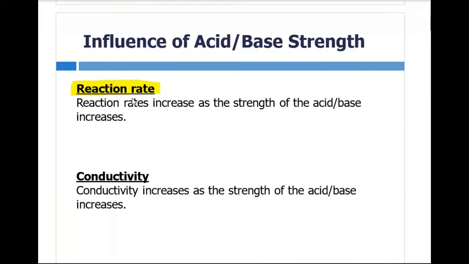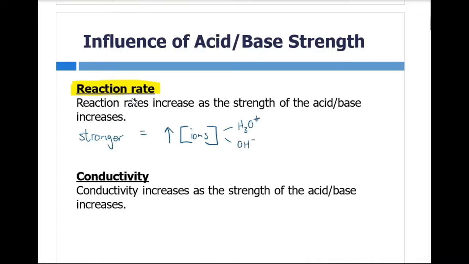If you've got a stronger acid or base, there is a higher concentration of the ions that are formed. We know that these ions could be either hydronium or hydroxide, so I'll write both of them here, for those who are following step by step.